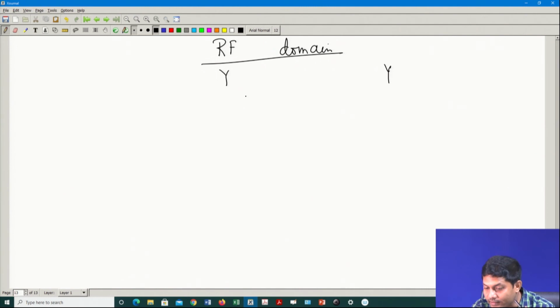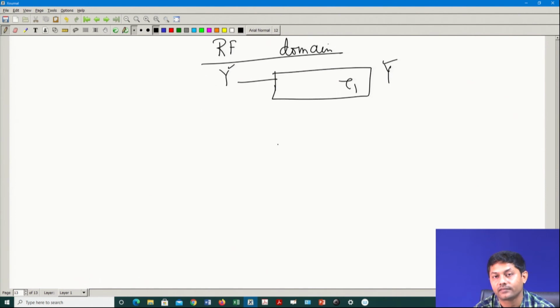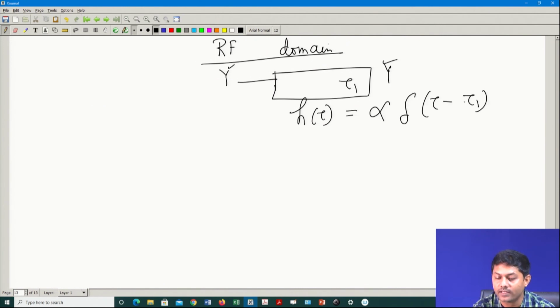If it is just a direct path, that means this antenna transmits and this one receives after say tau 1 delay. How do I model the filter which is present here? I can say this filter is nothing but h(tau) is equal to alpha delta(tau minus tau 1). Tau 1 is the propagation time delay between these two antennas. That is what will happen.